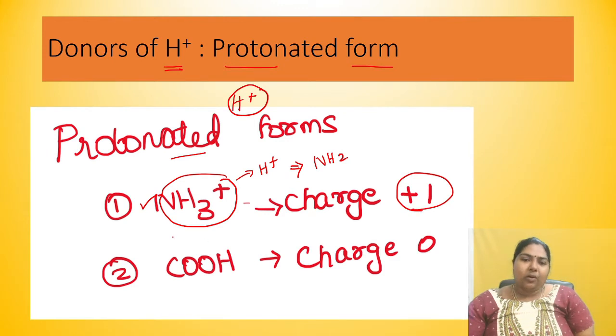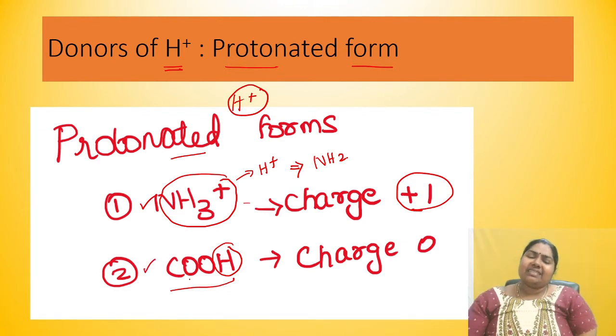What are the other protonated forms in your amino acid? The carboxylic group, which contains this hydrogen ion, is also a protonated form.